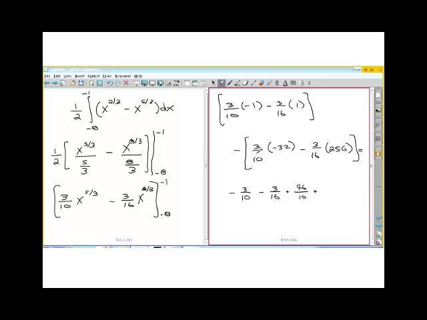Then we're going to have plus, negative times negative is positive. Before we do that, though, 256, I think you divide by 16, so let's do that. Yeah, it's 16. So all you have to do is take 3 times 16. That's 48. It's going to be positive because the negative numbers here are small.